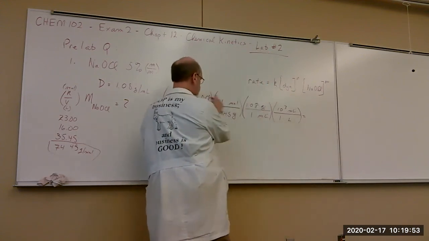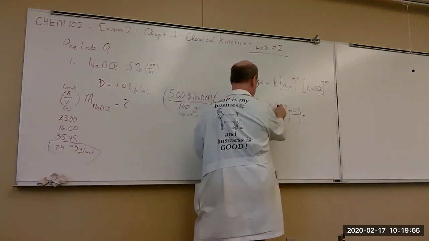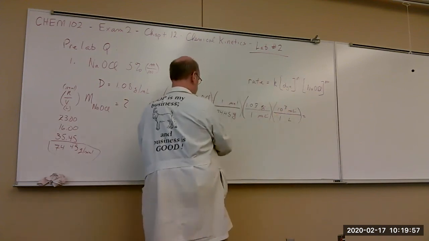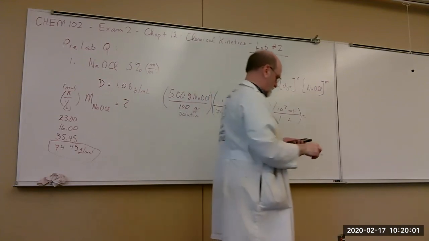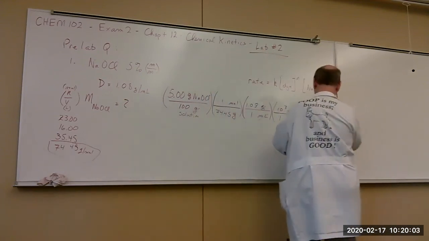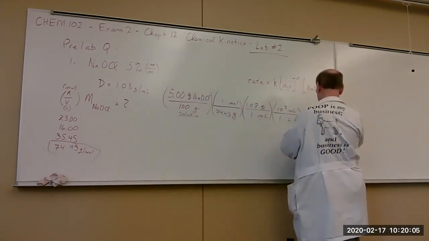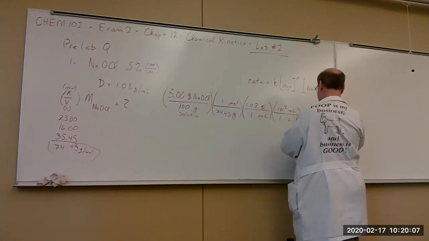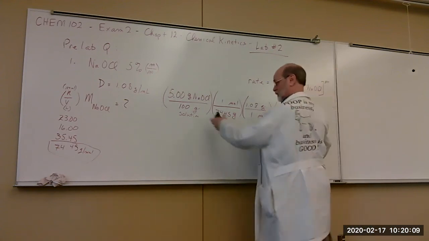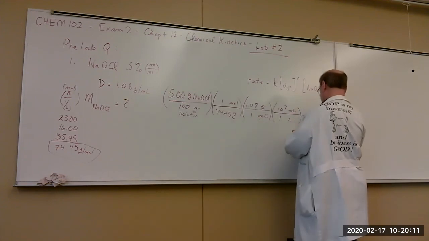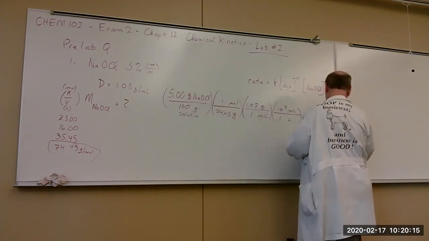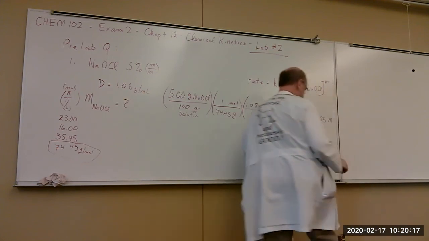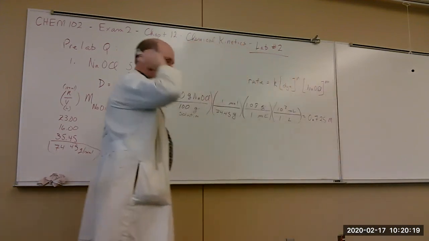Right? This and that and that and that, divided by this, divided by that, divided by that, divided by that. 7.25 times 10 to the negative 1. Right. And we started off with 3 significant figures, so we can keep 3 significant figures. 0.725 molar.